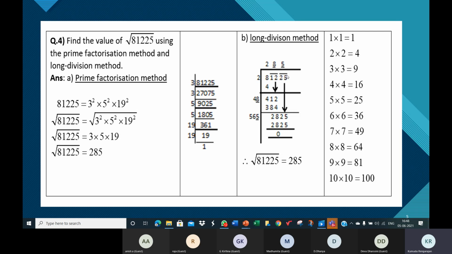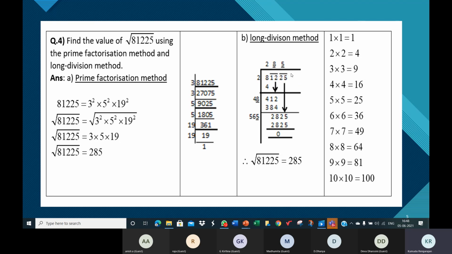Let's see how to begin. The first step is to group the digits in pairs from behind. I'll repeat. Group the digits of the number in pairs. Two digits from behind.